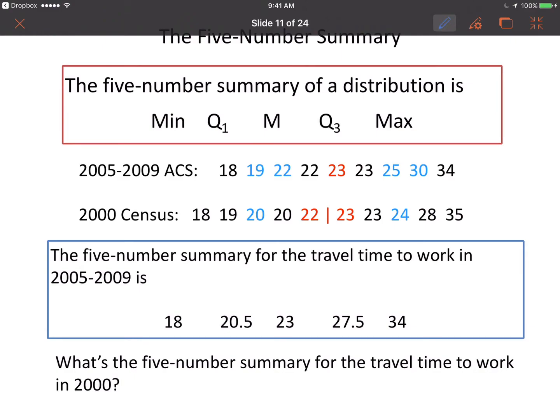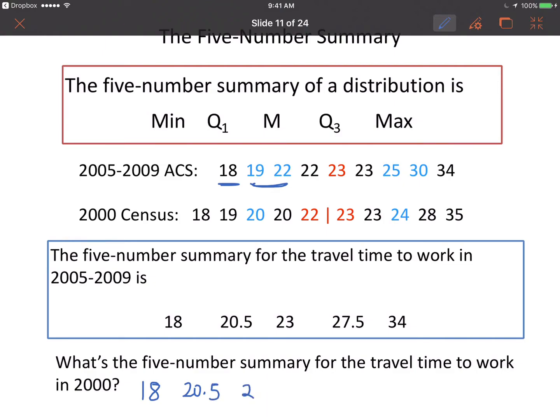Actually, let's list it here on the video. So what's the minimum for 2005? 18. We found Q1. Remember, we took the average of 19 and 22, which was 20.5.